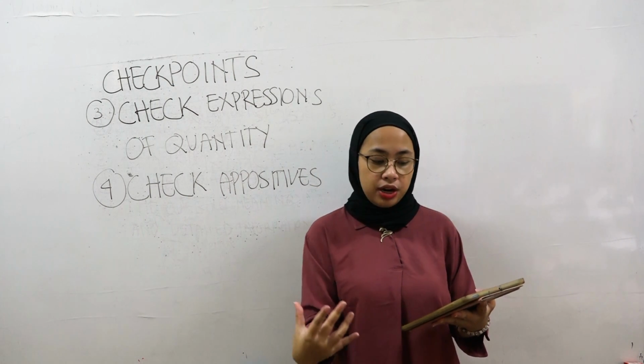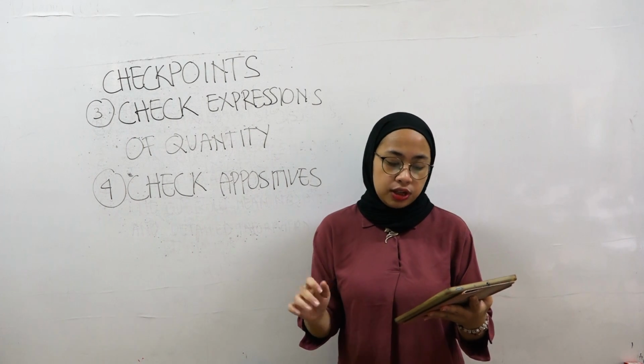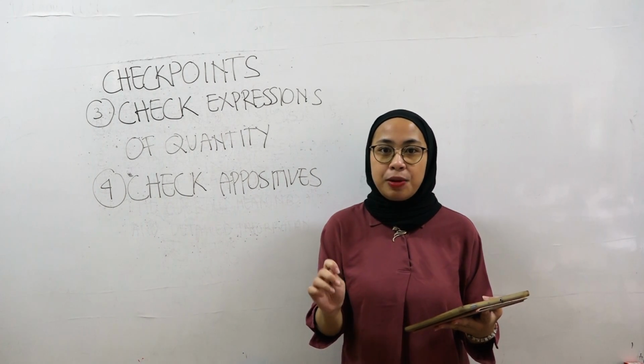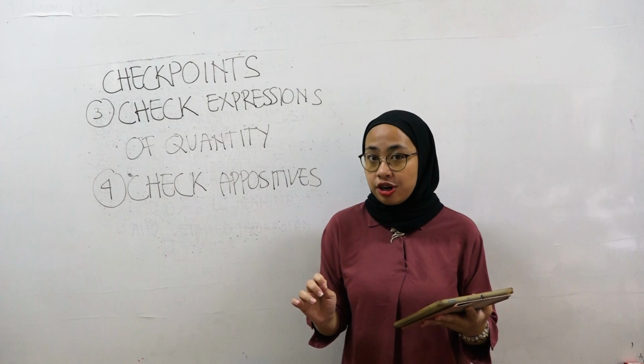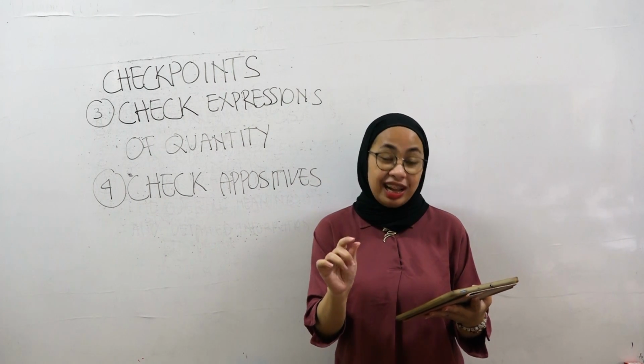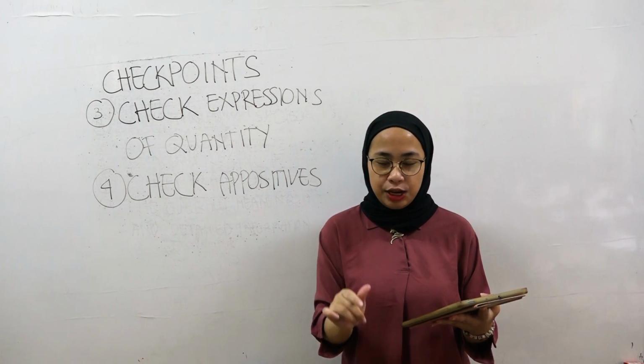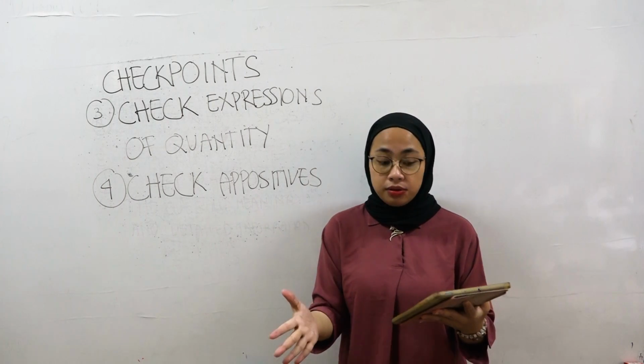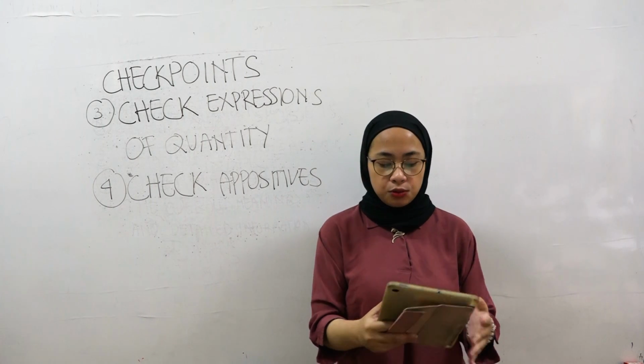And let's compare with the uncountable nouns: much water, amount of water, little sugar, a little, less. That's the examples of countable and uncountable nouns.